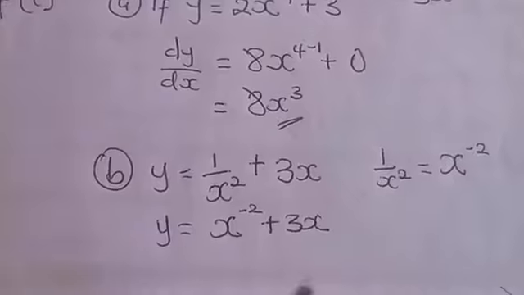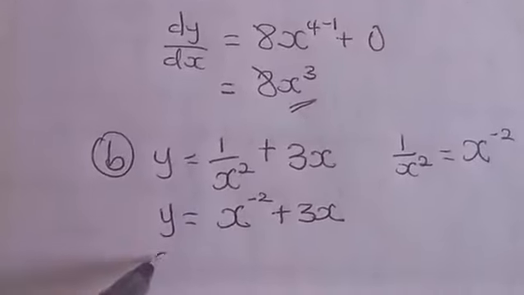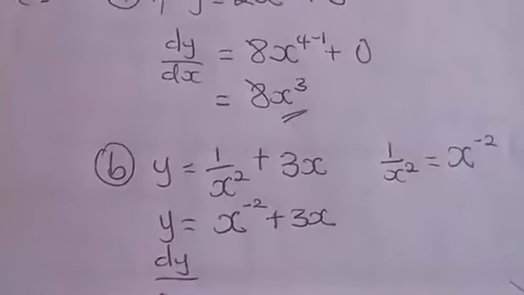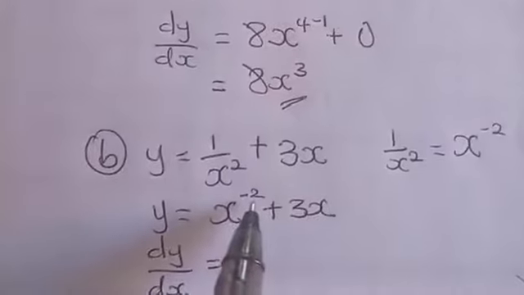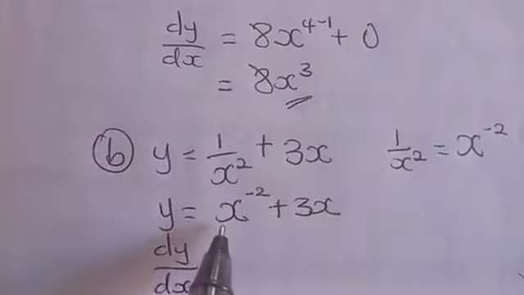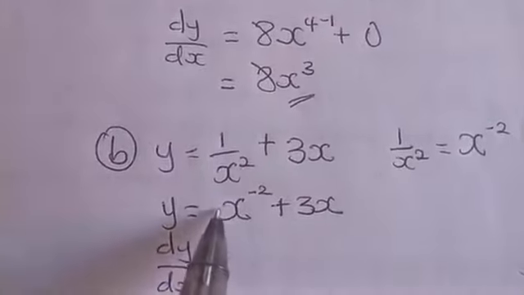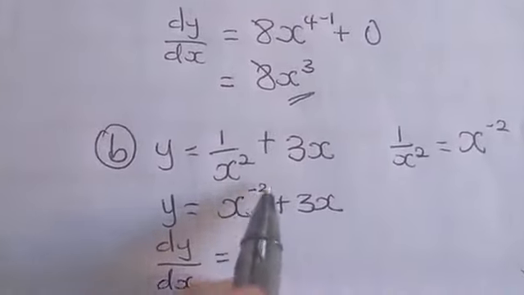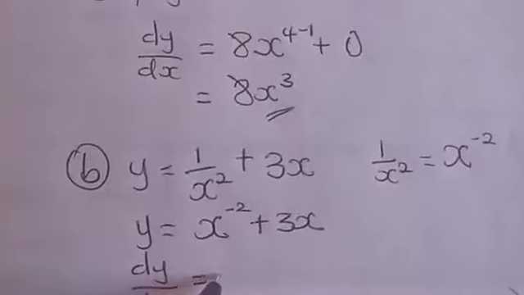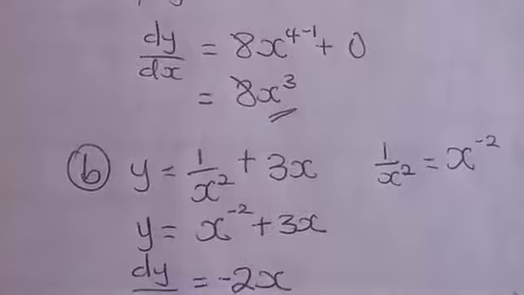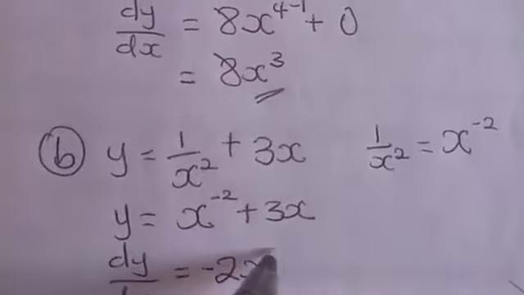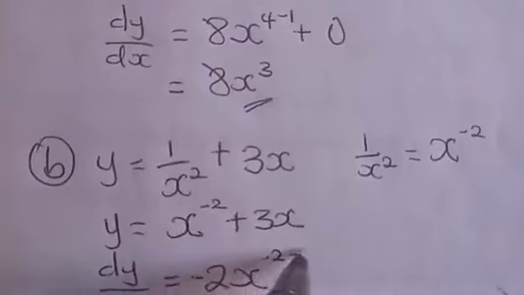Now that we have it in this form, our dy dx is equal to, remember, we have to multiply the power by the coefficient of the variable. The coefficient of this variable here is 1. So minus 2 times 1 will give us minus 2. We have minus 2. Bring the variable and we'll raise it to the power of minus 2 minus 1.